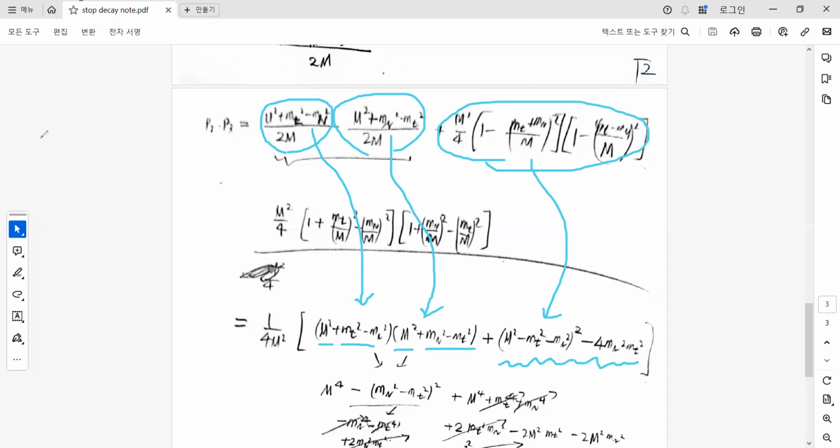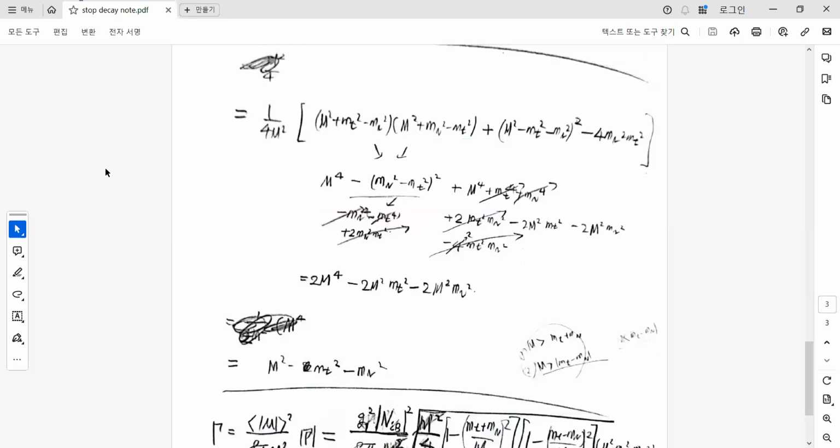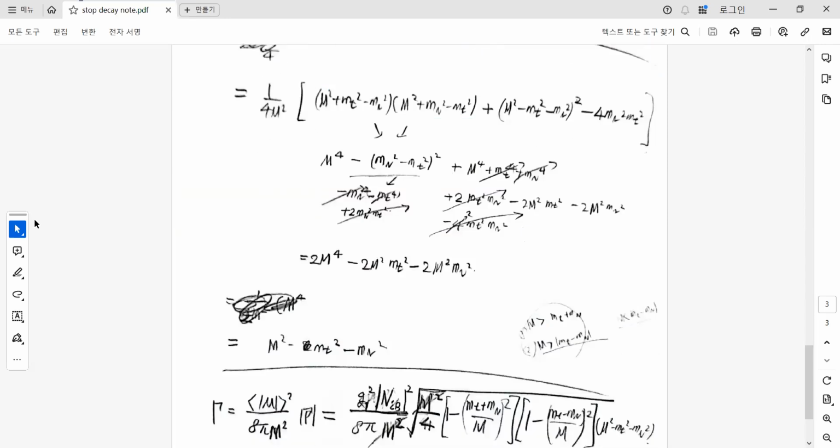Already we found this above. And from the first term, we can obtain the A squared minus B squared form. And from the second term, we can also obtain the A squared plus B squared plus C squared plus 2AB minus 2BC minus 2AC terms, and such a minus 4 gives the minus 2 term here. So the M_N, M_T squared terms all disappear.